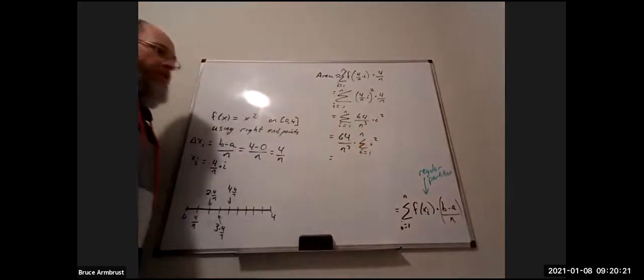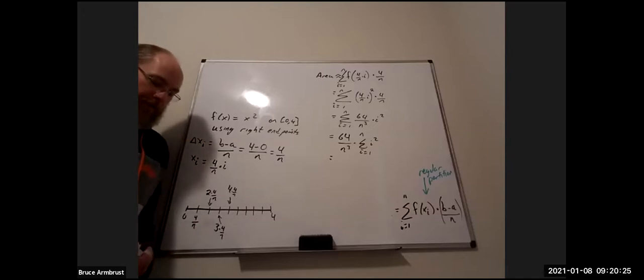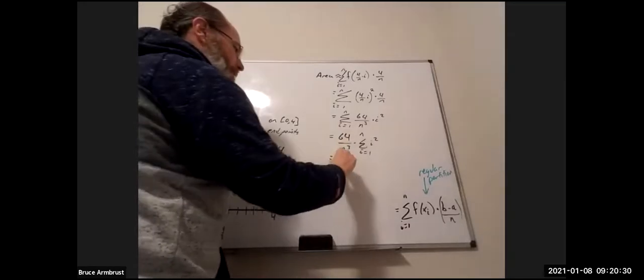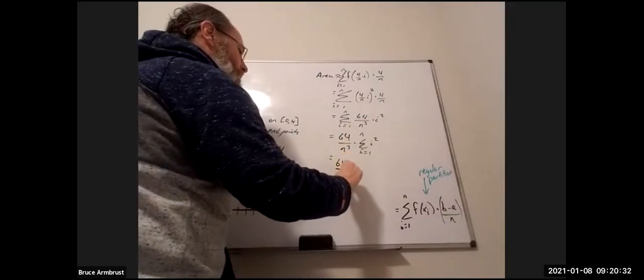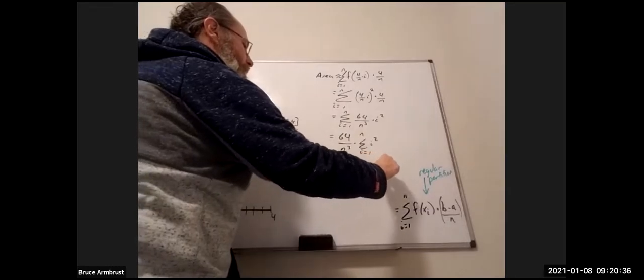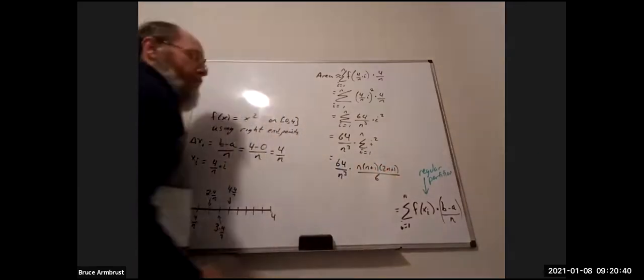And we have a formula for that. I showed that to you last time, or reminded you about it last time. So let's replace that. So this is 64 over n cubed times n plus 1 times 2n plus 1 over 6.